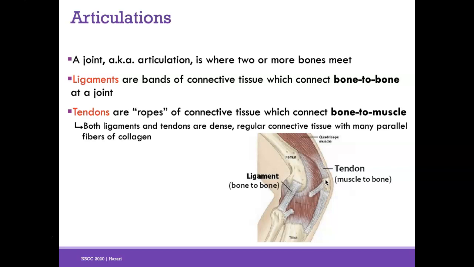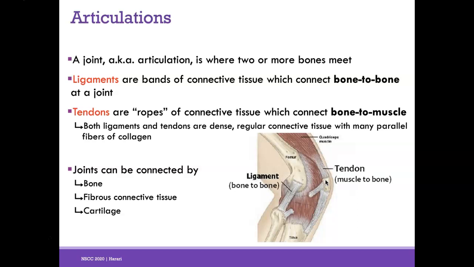Ligaments and tendons are made of dense, regular connective tissue, which has many parallel fibers of collagen protein. Joints can be connected by bone, where two bones meet. They could be connected by fibrous connective tissue. They could be connected by cartilage, right? And we'll talk about examples of each of these types of connections.